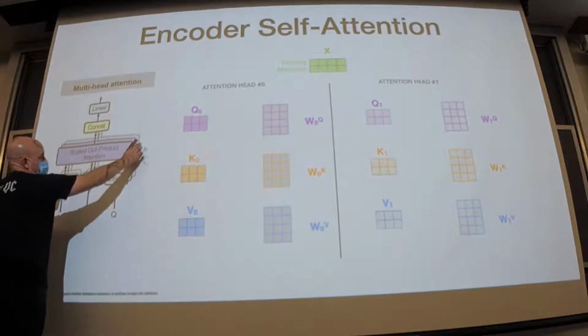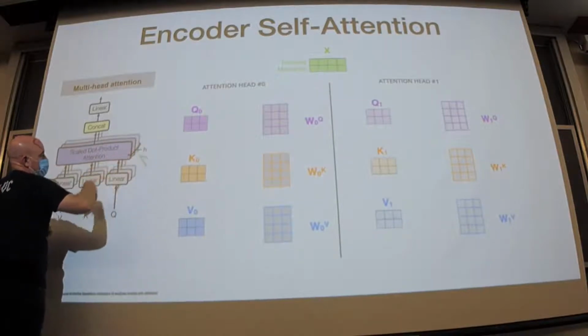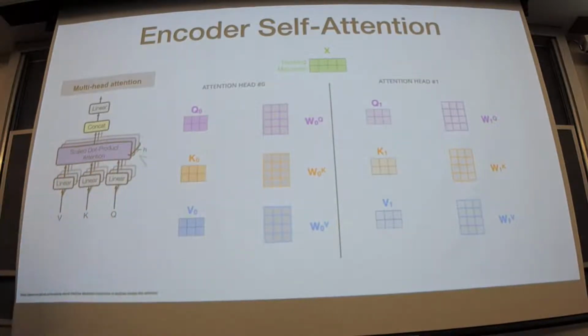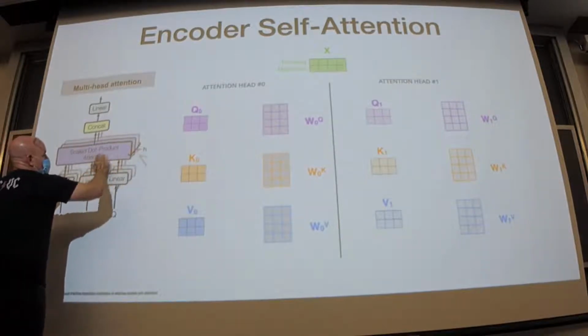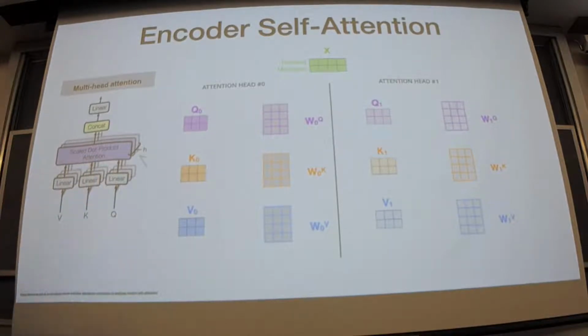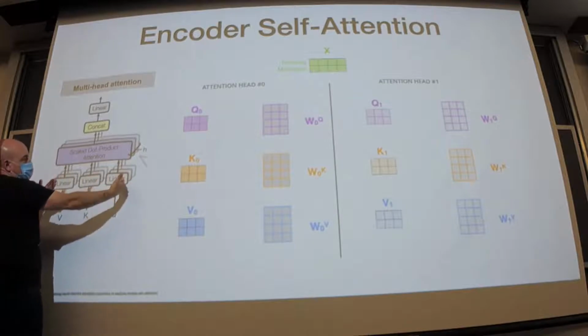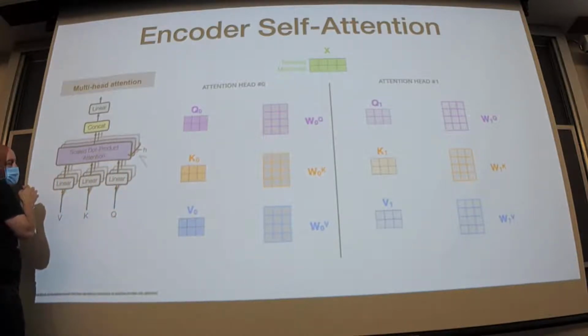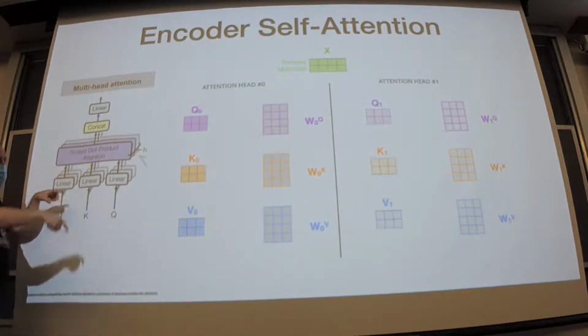In the history of these things, it turns out that when this group was first working with what became known as transformers, they only had one of these heads per module, but they found it to be very unstable in terms of training, and they found that with many heads they would get much better performance per module.